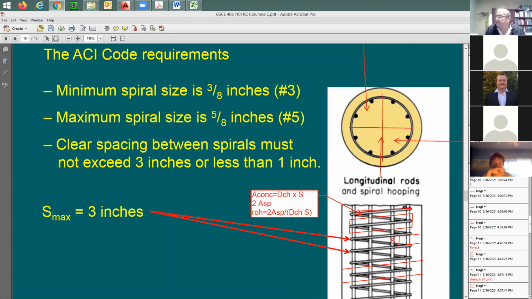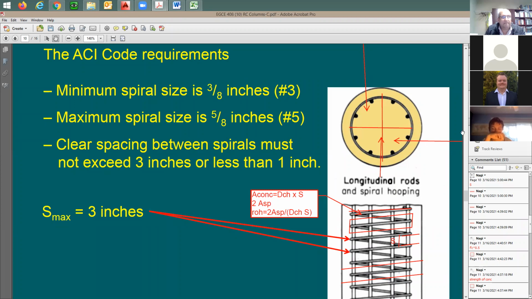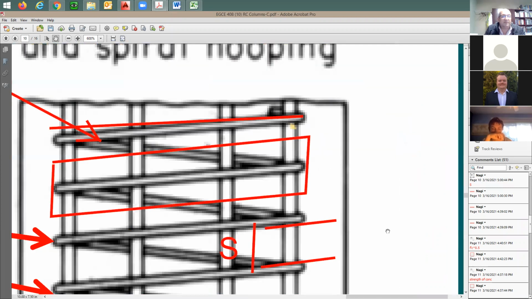Professor, I thought the clear spacing was measured from, for example, the bottom of one of the spirals to the face of the other. Yes, this is correct. Well, in that case, why do we subtract half of the diameter? We subtract half the diameter from the top and half the diameter from the bottom, because s is not the clear spacing.